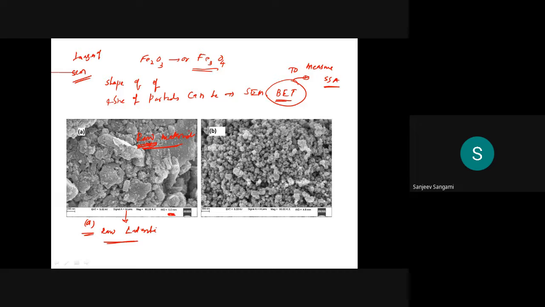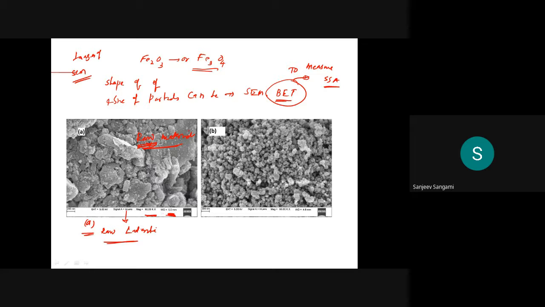Just imagine the total width of this image is 5 mm. Then the magnification, just check it out, is 90 kx, that is 90 into 1000, so that much resolution you are going to get.